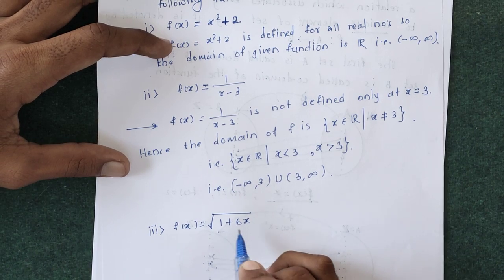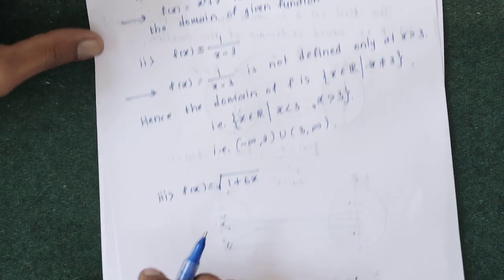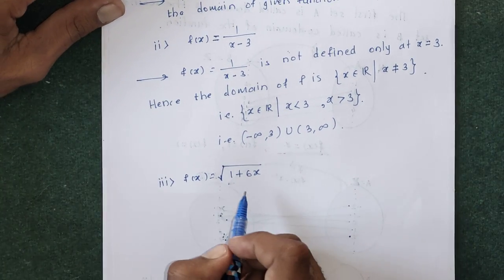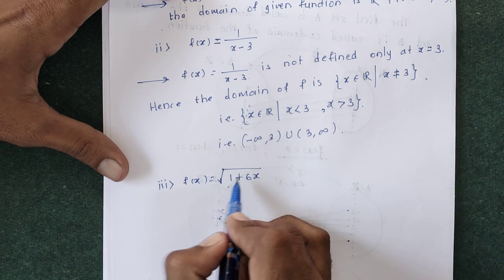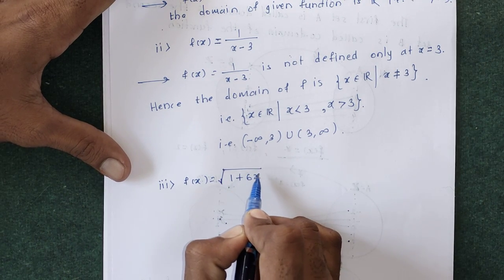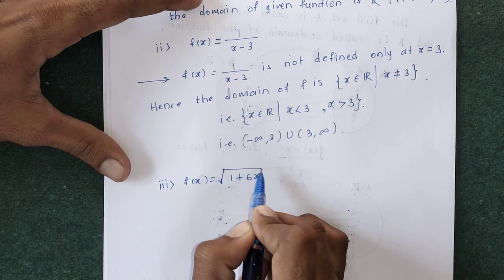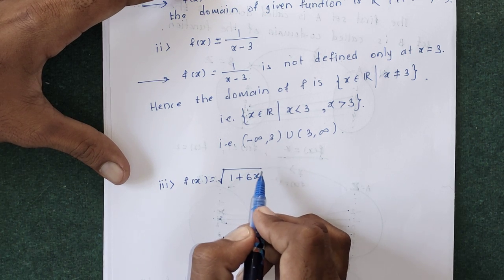To find the square root of negative numbers we need complex numbers, but we are dealing with real numbers. So if 1 plus 6x is negative, this function is not defined in real numbers.